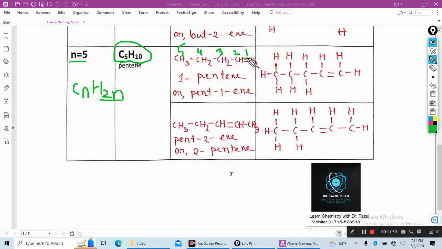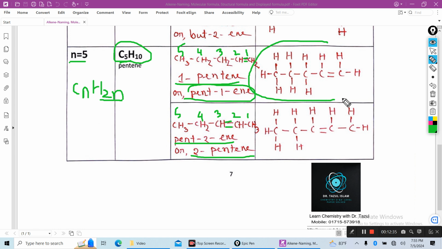As the double bond is at number 1 carbon, this name will be 1-pentene or pent-1-ene. And for the second carbon, 1, 2, 3, 4, 5, the double bond is at number 2 carbon, so this name will be pent-2-ene or 2-pentene. This is the pent-1-ene structural formula, and this is the pent-2-ene structural formula.